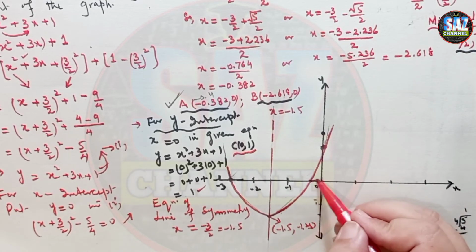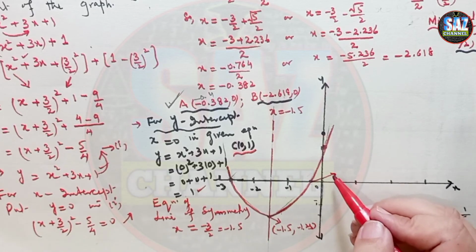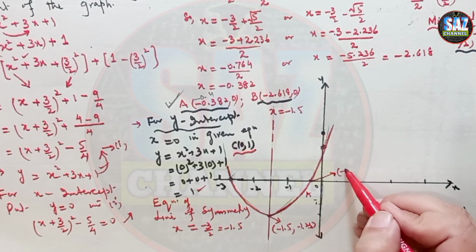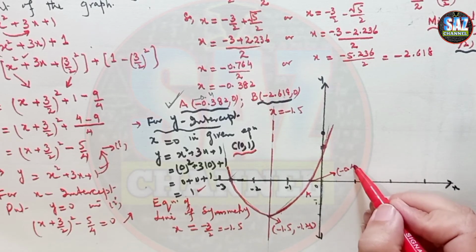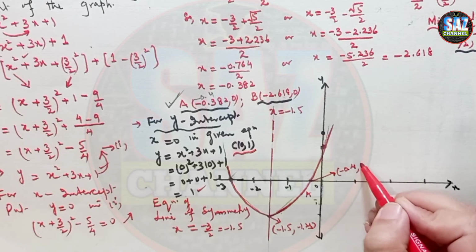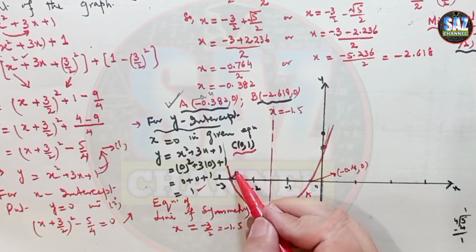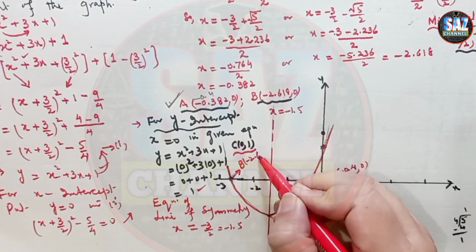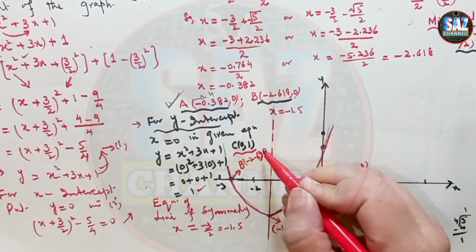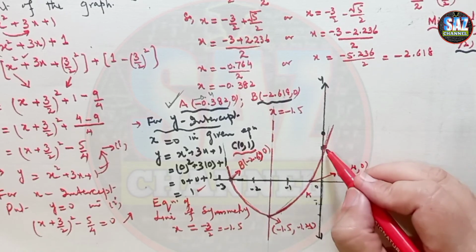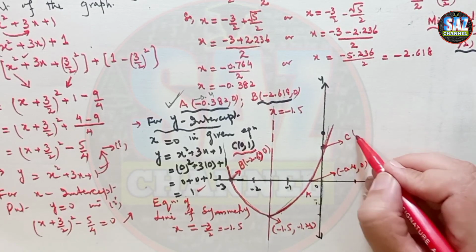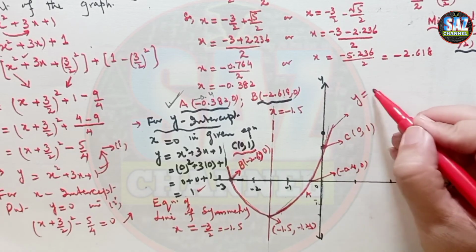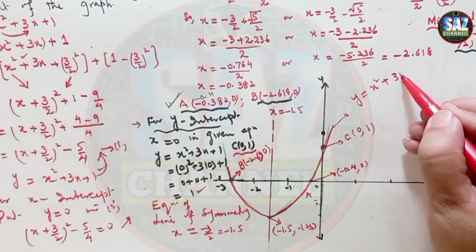This is one of my x-intercepts, my point A, minus 0.38, which we have taken approximately as 0.4 with 0, and on this side it is point B, that is minus 2.6 with 0. The line of symmetry has been marked, and my point C is 0 with 1, and the curve given to us is y equals x square plus 3x plus 1.